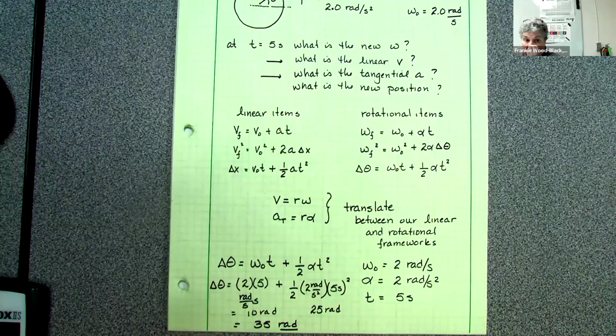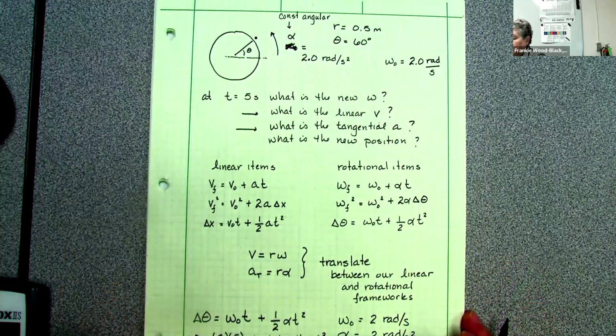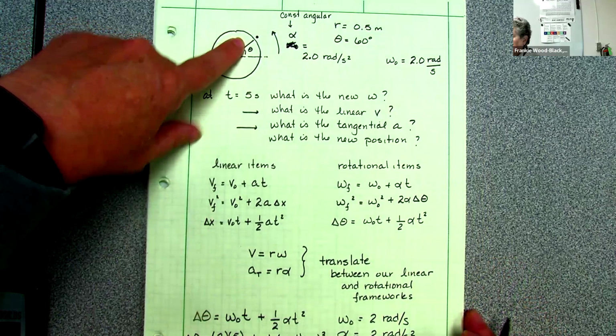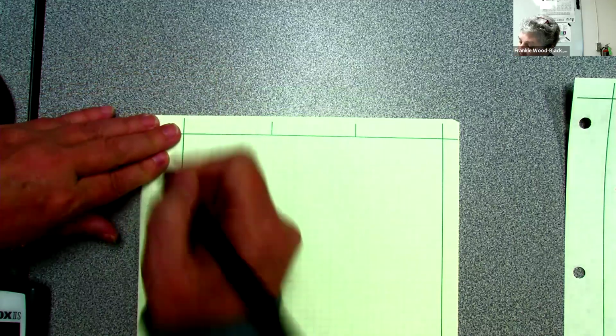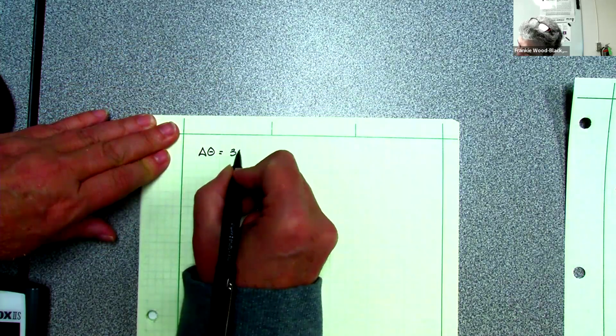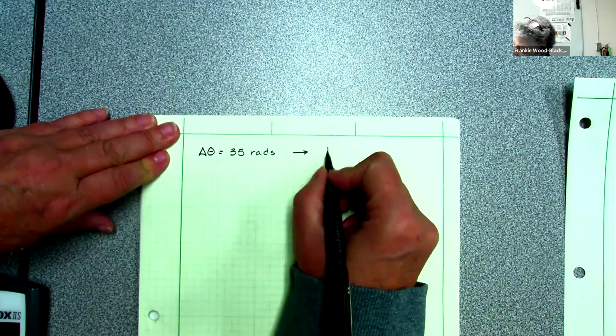But we have no idea what that's going to look like. That's my change in angle, but we have no idea what that's going to look like in my position. So what we're going to do is look at where we started. We have a change in angle of 35 radians, but I need that in degrees.